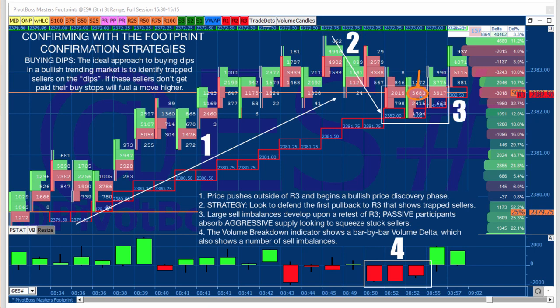But did price go down? No. Price went up, right? Imagine selling 8,000 contracts of the ES and it does not go down. You know why? It's because passive participants are absorbing there using limit orders.